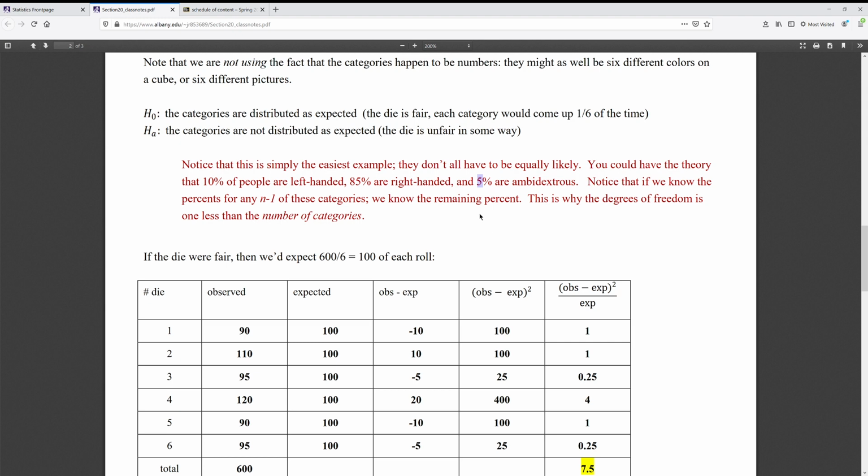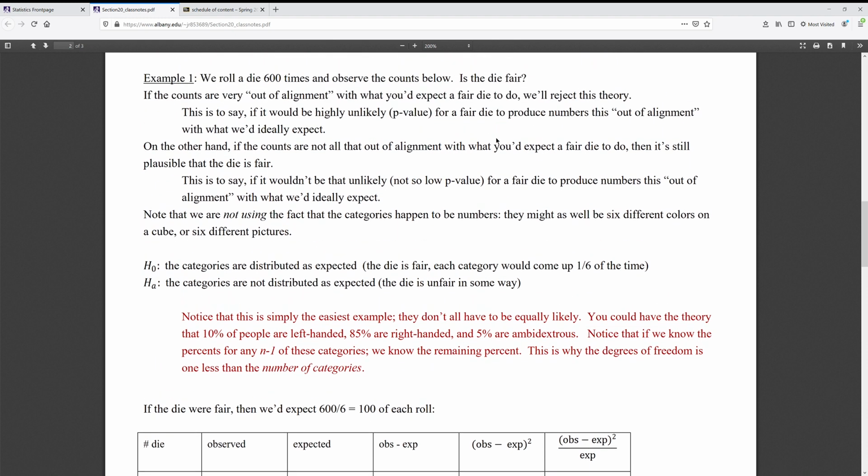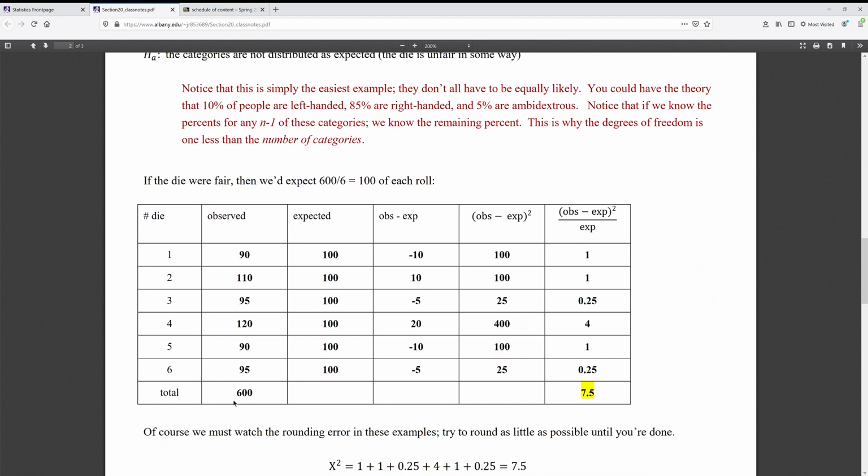But for now, let's stick with the equally likely categories, 1/6 each, fair die. So we've rolled the die 600 times, and these are the counts we've actually gotten.